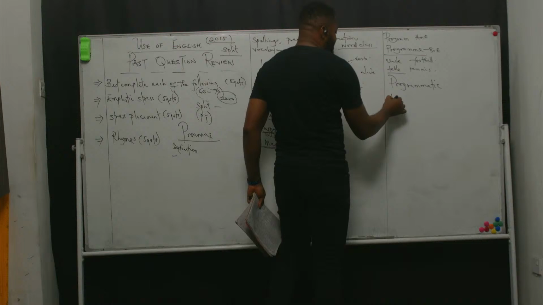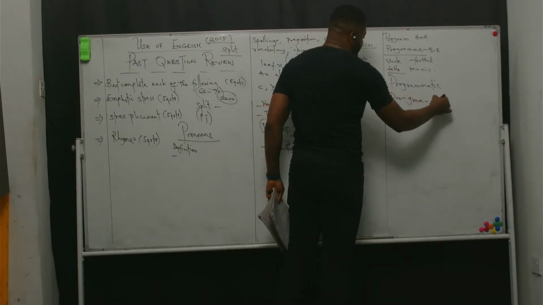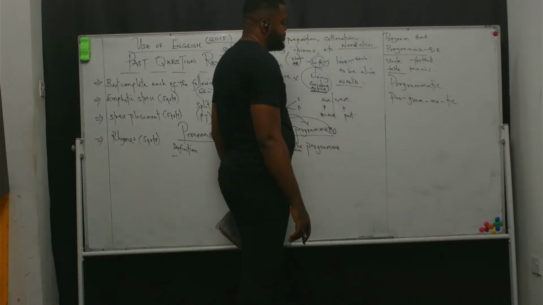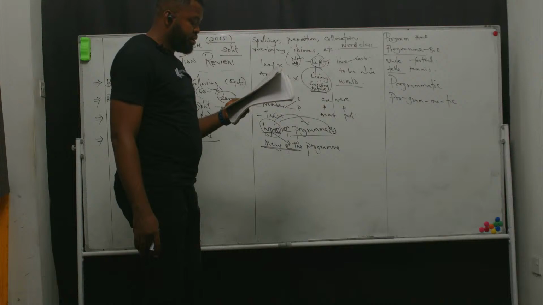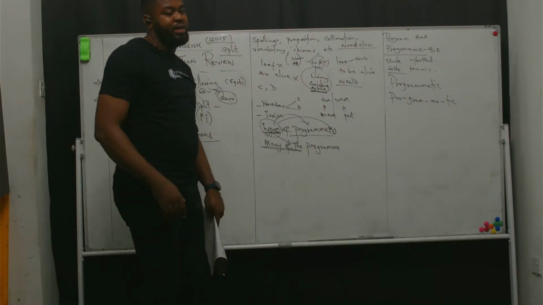Syllabic division. Programmatic as a syllabic division. So say you went for option letter A. Why?